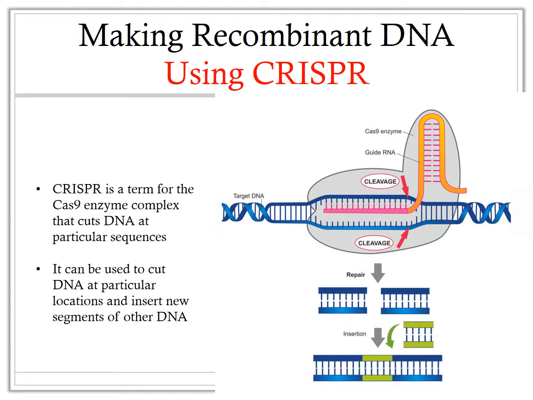And when we found it, we then harnessed it and are able to use it for our own benefit. Bacteria use it to protect themselves, but once we got a hold of it, we now can manipulate it and insert DNA into certain locations, inserting recombinant DNA of another organism into the DNA of a different organism.